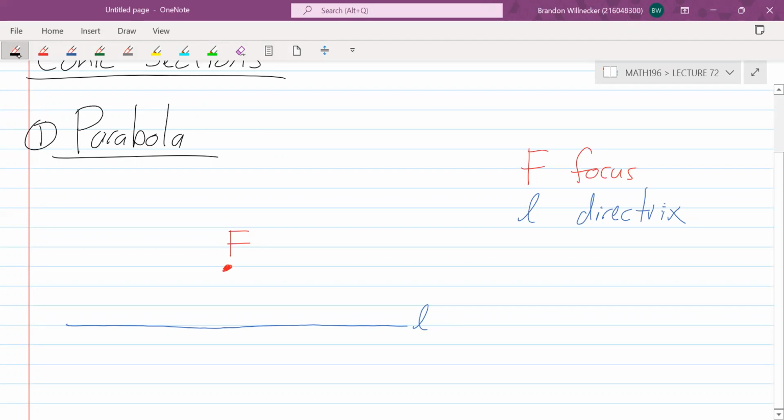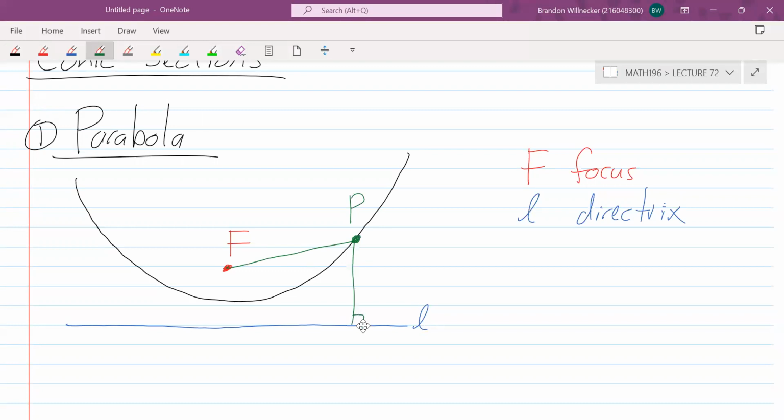The parabola is the set of all points such that the distance from F to the parabola, so let's say it stops at this point P, and then down to the directrix, the ratio between this first distance FP and the second distance PL is a constant.